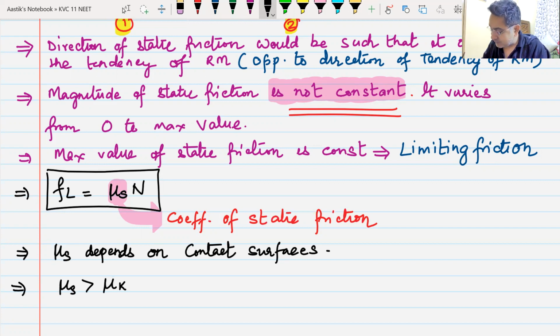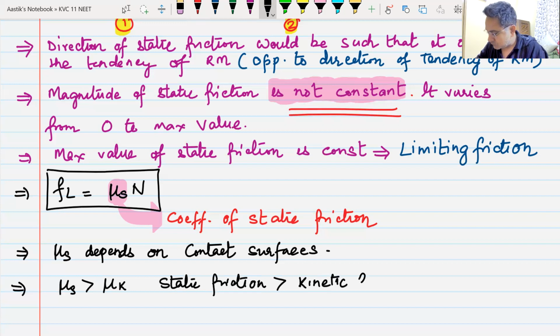And that is why we say static friction is greater than kinetic friction. Are you getting everything? The normal saying is that static friction is more than kinetic friction. Why do we say that? Because the value of mu s, the coefficient of static friction, is more than the value of mu k.